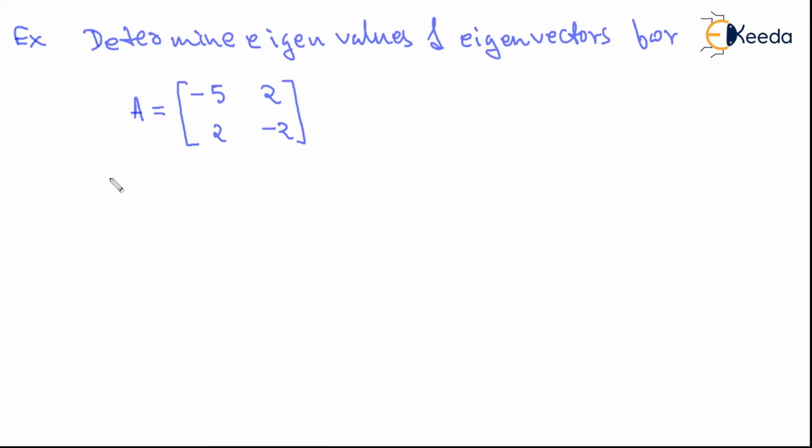So what is the eigenvalue problem here? A times x is equal to lambda times x. Let's see what this is.